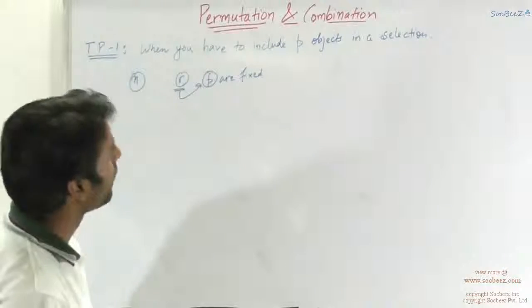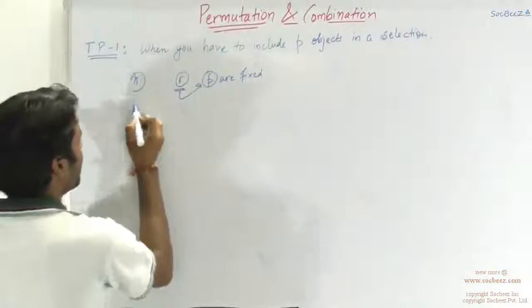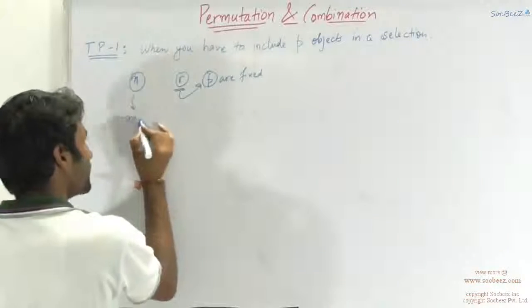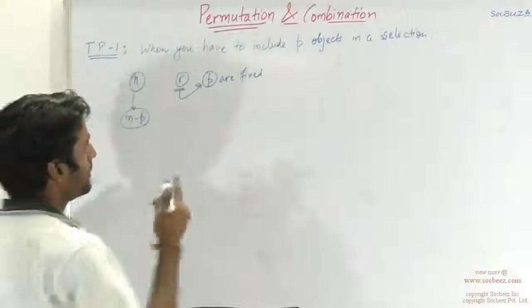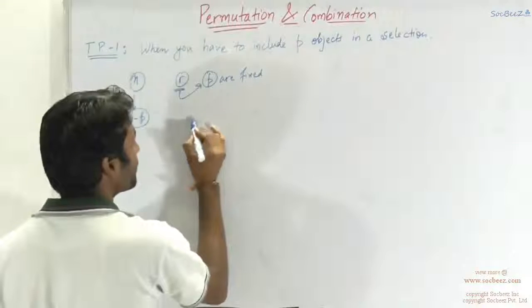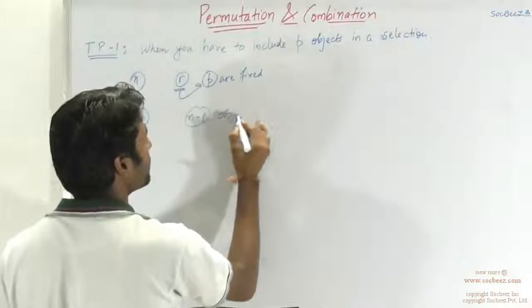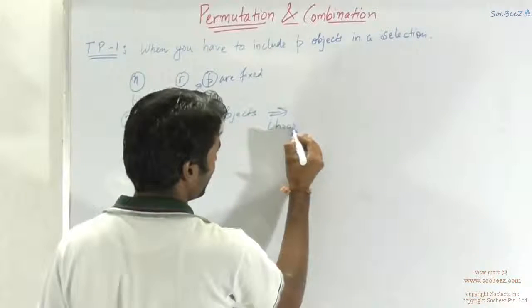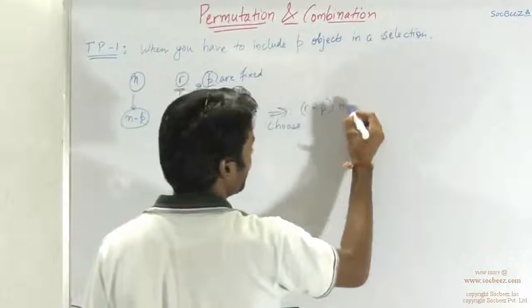But obviously, we can't choose repeatedly the same element. So, if you have already chosen these p elements, the remaining are n minus p. So, the remaining scenario is you have n minus p objects and you have to choose r minus p objects.